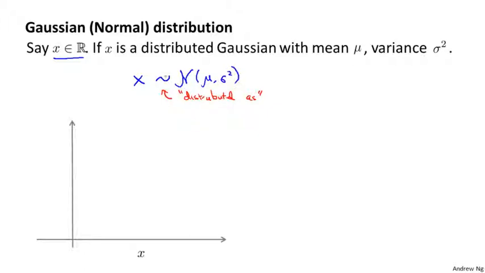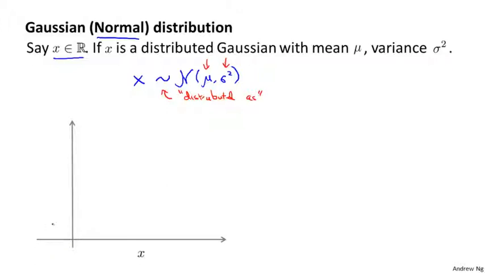So this script N stands for normal, since Gaussian and normal distribution mean the same thing, so synonyms. And a Gaussian distribution is parameterized by two parameters, a mean parameter, which we denote mu, and a variance parameter, which we denote sigma squared.